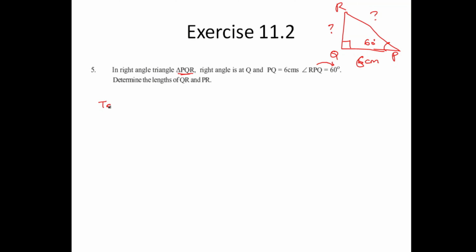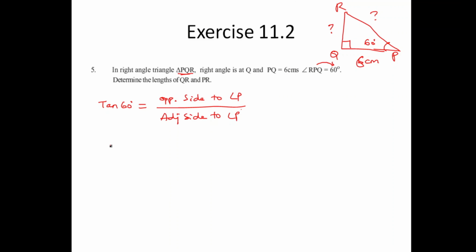Now, if you remember, the trigonometric ratio of tan 60 is the angle's opposite side divided by the adjacent side.